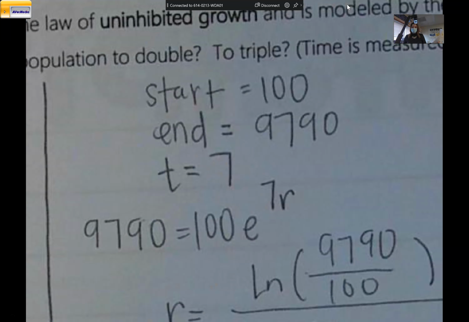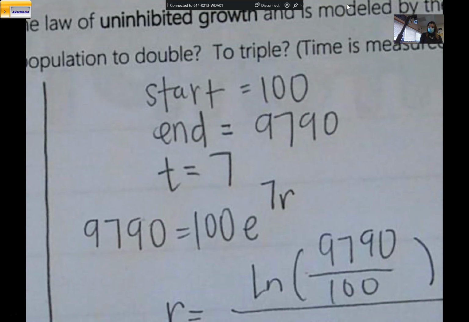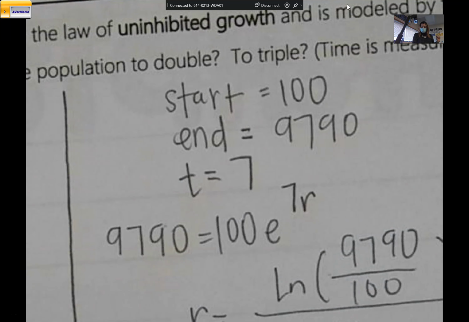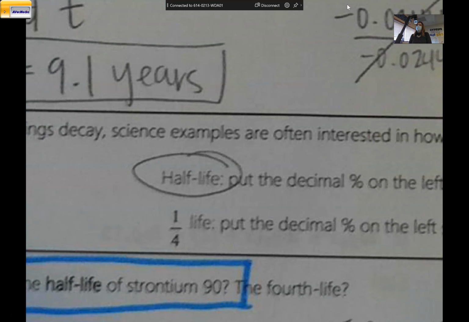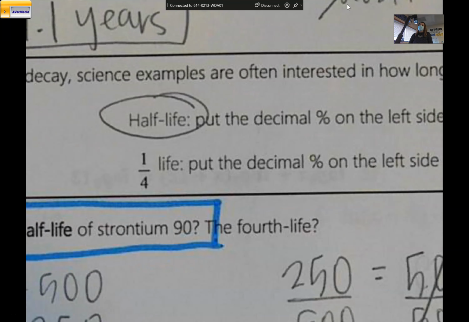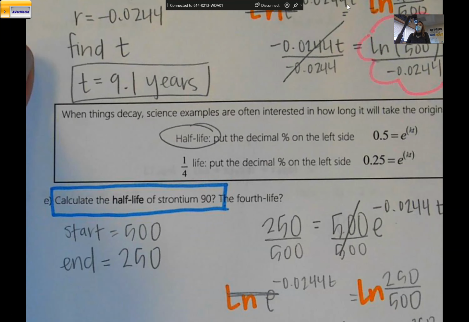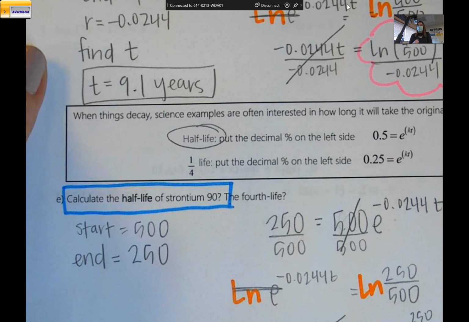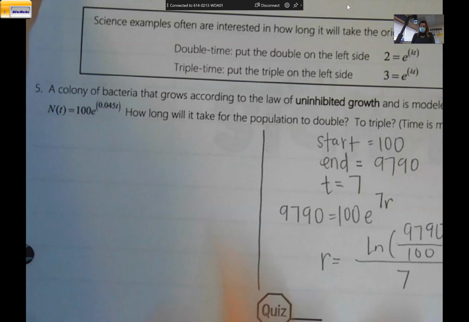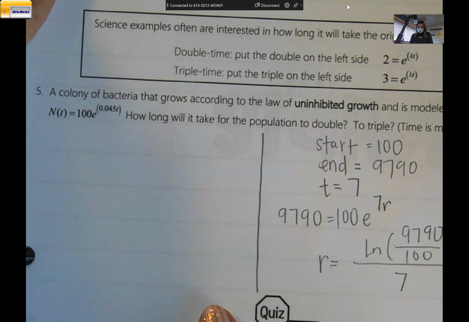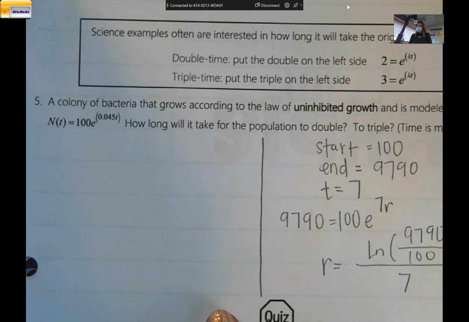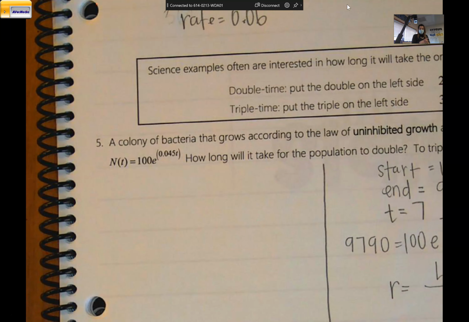Okay, one last kind, and it's double time. So here we did half-life. Here it asks you how long does it take for you to cut your population in half or your money in half. On this one, it's going to ask us to double. So it says a colony of bacteria that grows according to the law of uninhibited growth is modeled by this function.